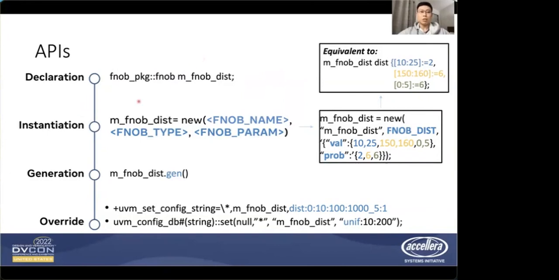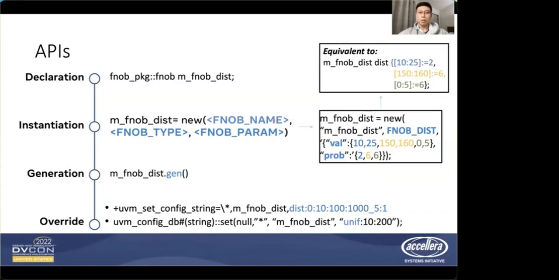After that, you need to instantiate the Fnob. To instantiate the Fnob, you need to provide 3 different parameters. First one is of type string, which is the Fnob name. That name is user defined, but when you want to override it, the overriding name should be the same as what you defined here.